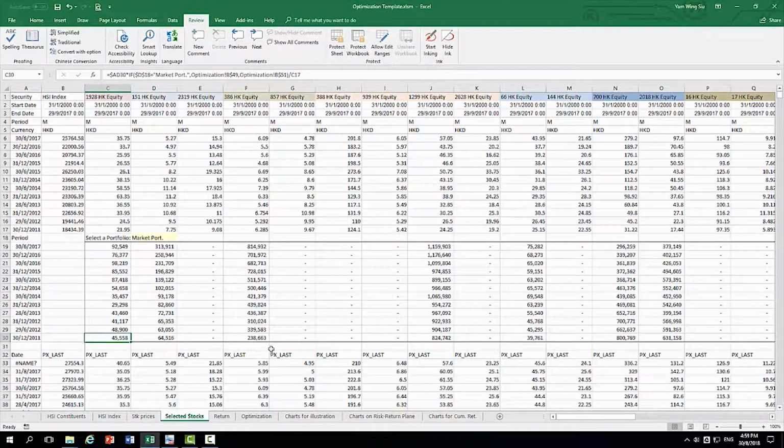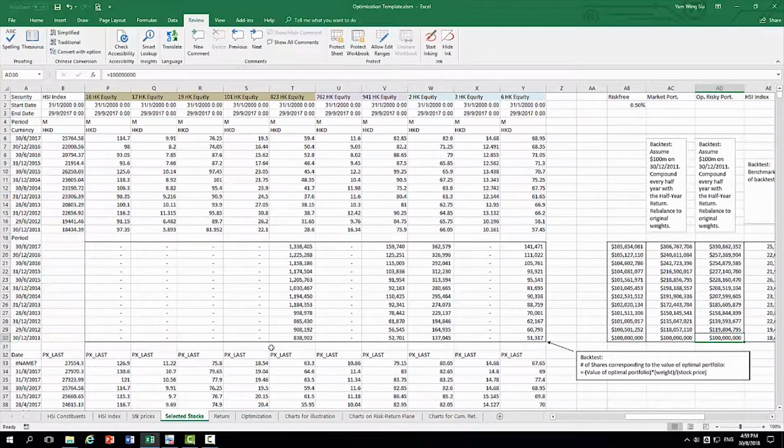Now we stick to market portfolio. This is the value of the market portfolio. After 6 months, the value of your market portfolio grows to this amount.